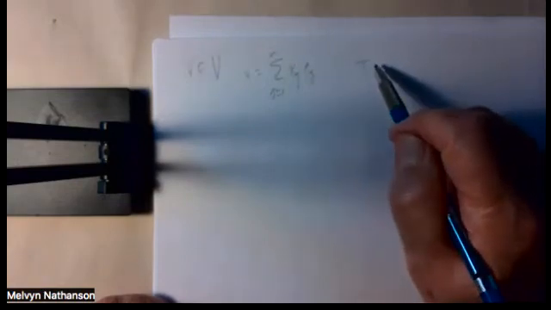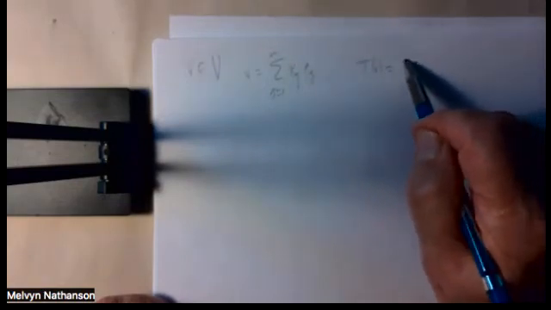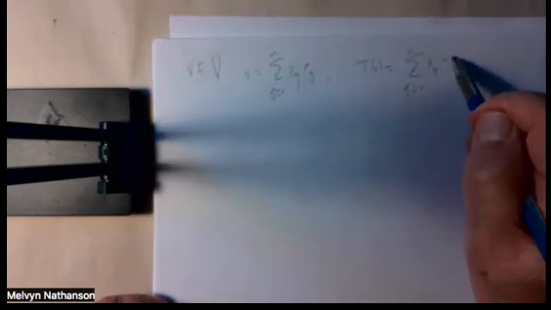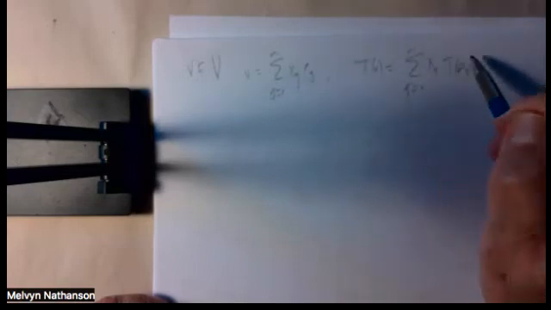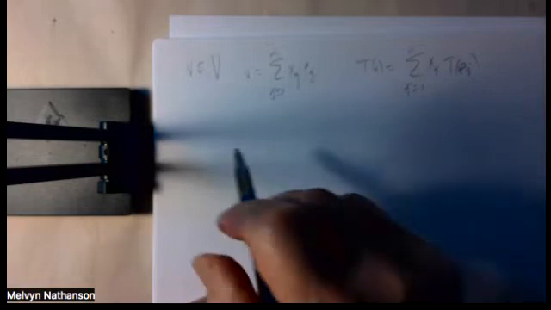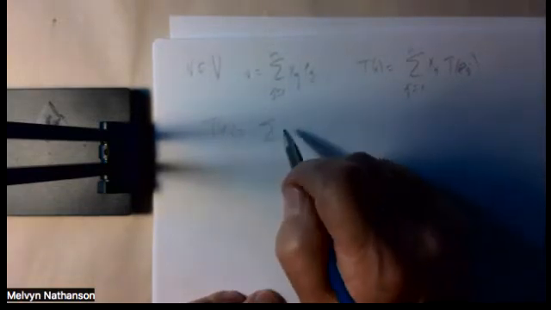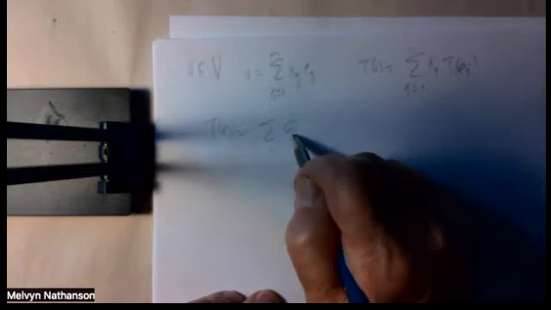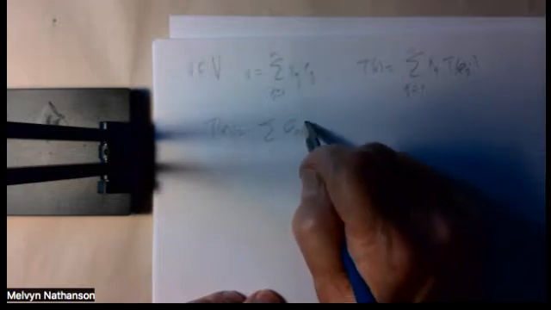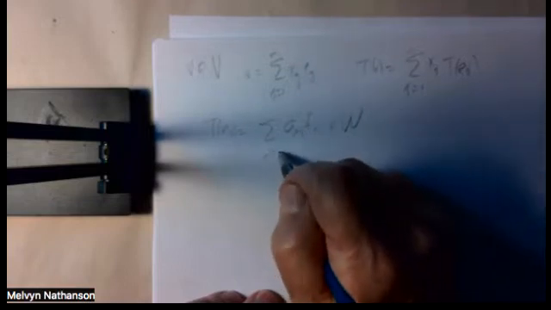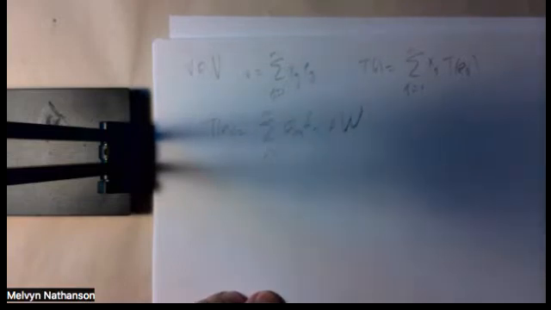And T of V is the summation, j goes from 1 up to N, of xj T of Ej, because T is linear. And T of Ej is in W, so it's the summation of Aij Fi in W, i goes from 1 up to M.